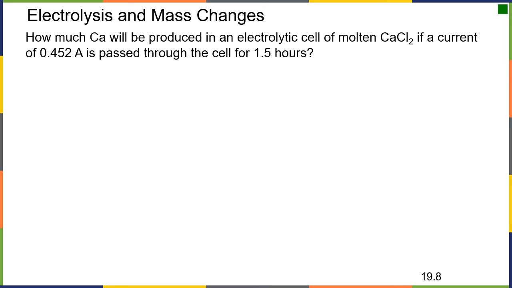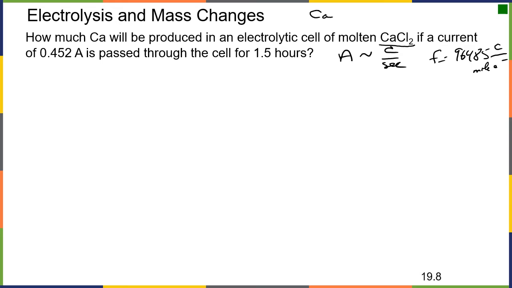Now, in order to figure out how much stuff we can make if we do some electroplating, we need some information. We need to remember that an amp is a coulomb per second. We need to remember Faraday's constant is 96,485 coulombs per mole of electrons. We need to know how many electrons are going to be transferred, so we need to look at the metal being plated out.